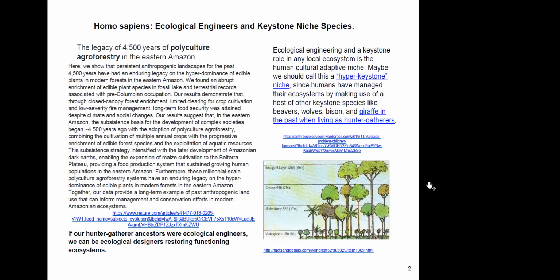We're not, of course, the only species that do this. For example, ant species milk aphids for their sap in the way that we milk cows. Ant species also garden. They garden fungi. So we're not the only ecological engineers as a species, but we are exceptionally good at it.